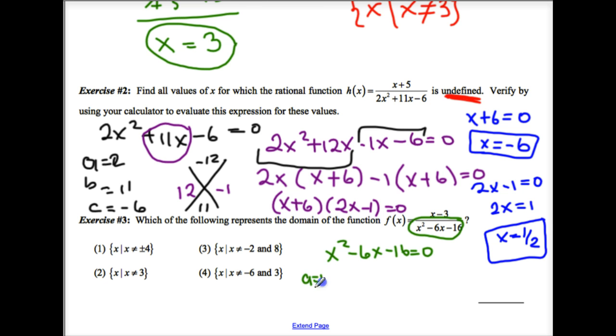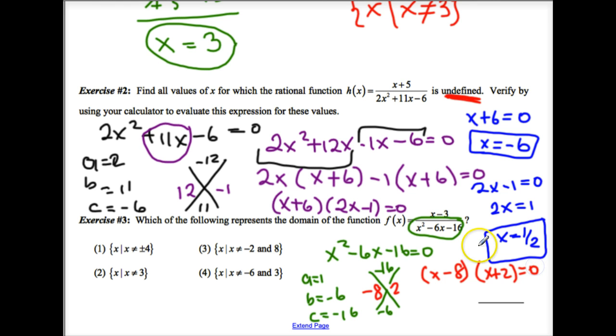My a is 1, my b is negative 6, and my c is negative 16. So if I was to do my x method, what are these values? The values will be negative 8 and a positive 2. I will write x minus 8 and x plus 2 is equal to 0. I can just write it like this because my a is equal to 1.